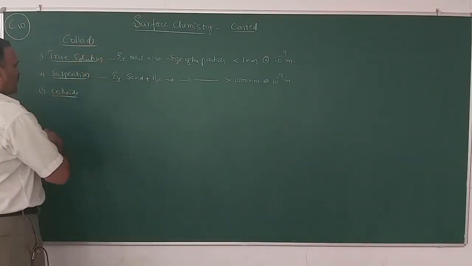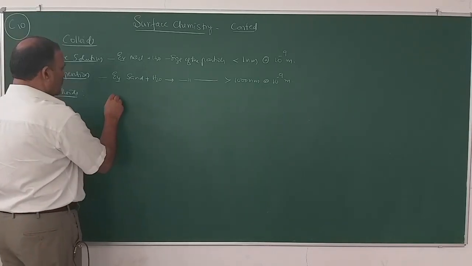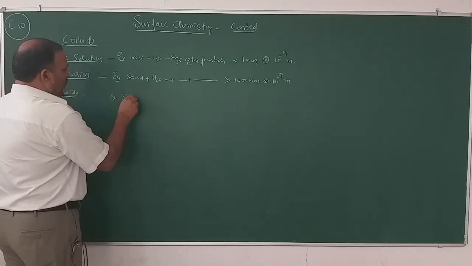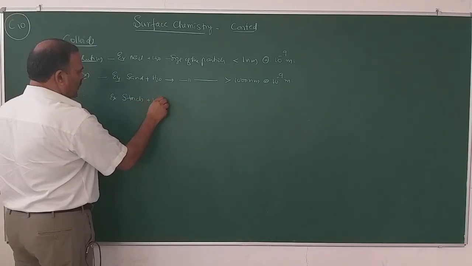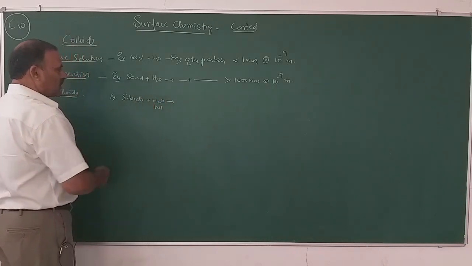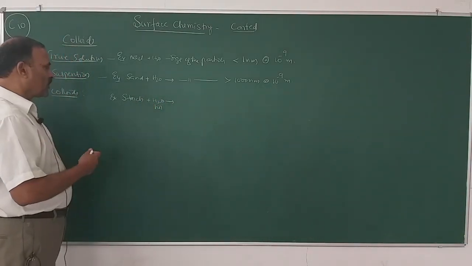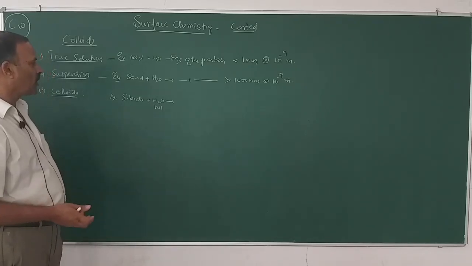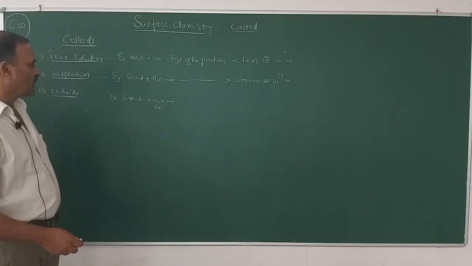Coming to the third class of solutions, namely colloids. For example, when starch is dissolved in hot water, you will get a starch solution. When gum particles are dissolved in water, we will get a gum solution. When egg albumin is dissolved in water, we will get egg albumin in water.